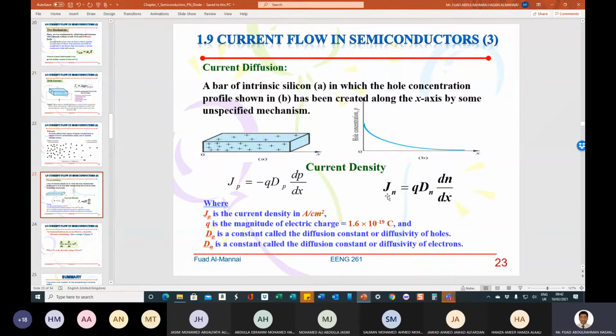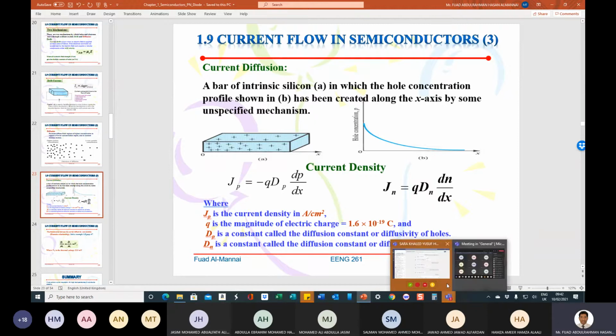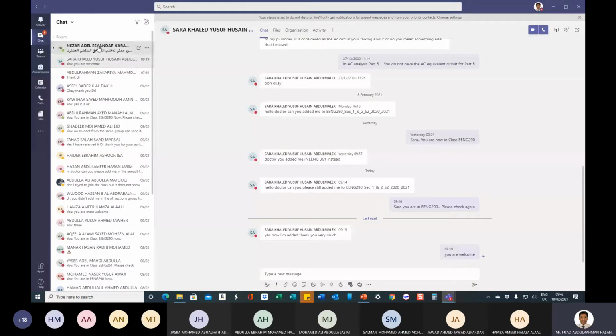As you can see, this is Jn due to the electrons, and this is Jp due to the holes. They move opposite to each other, and that's why this is negative and this is positive.